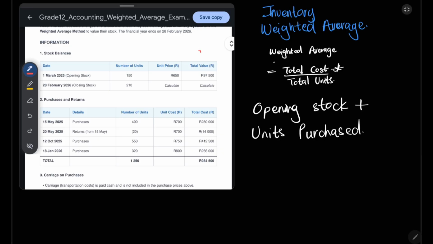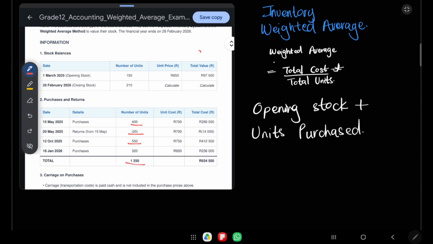In terms of opening stock, we had 150 units. Then we purchased 1,250 units in total. We included these returns. To get to this 1,250, we said 400 minus 20 plus 550 plus 320, and you guys saw that it gave us 1,250.